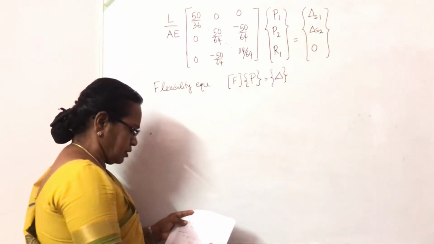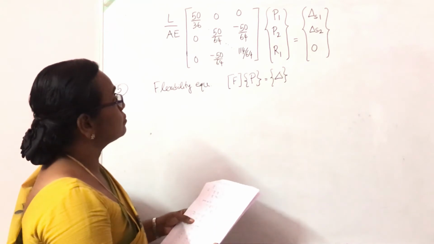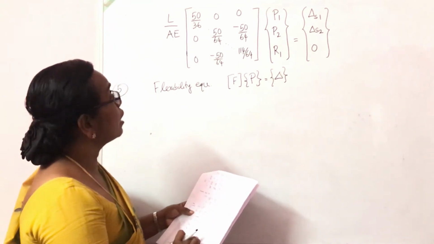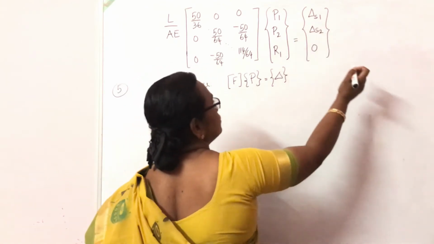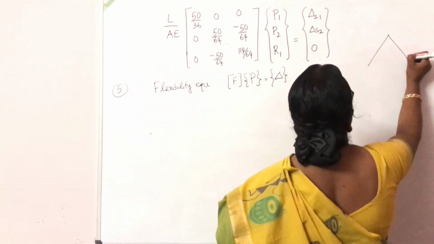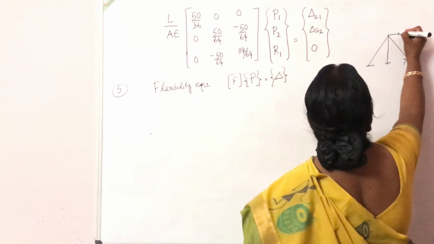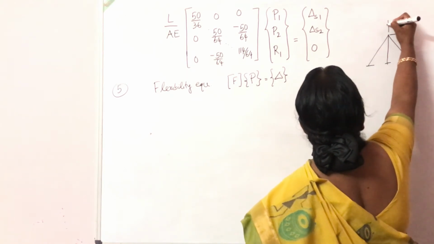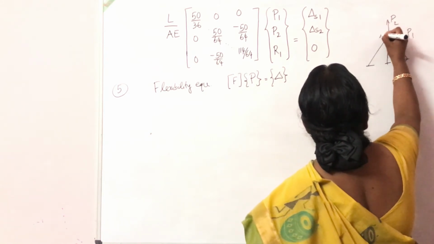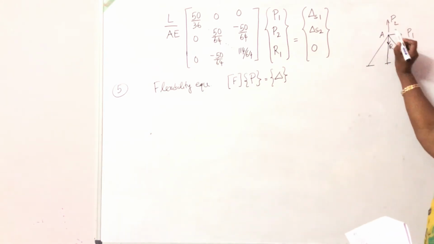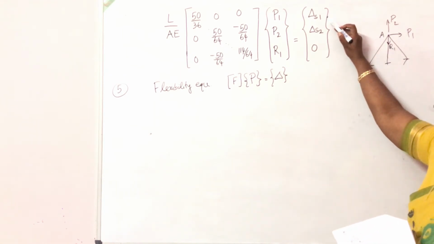P1 in this question is given as 6 and P2 is 10 and R1 is unknown. Delta S1 is the displacement of this joint. This is the original structure given to us. I have taken this as P1, this as P2, this was R1, and the displacement of this joint A in the horizontal direction is delta S1.